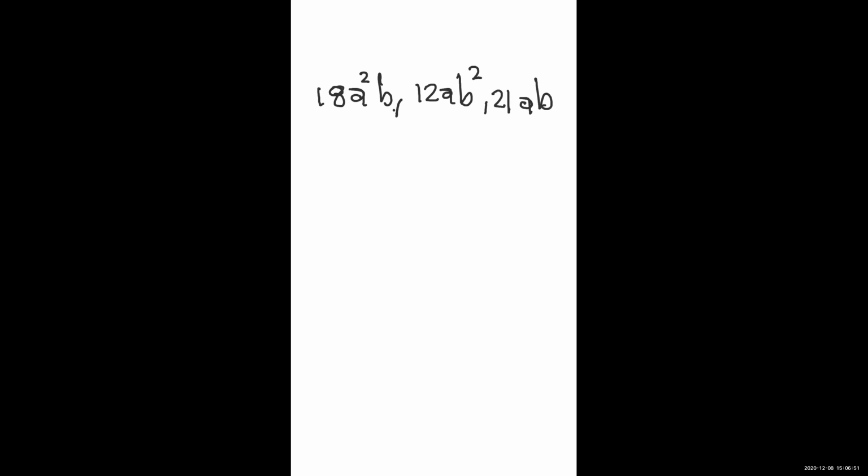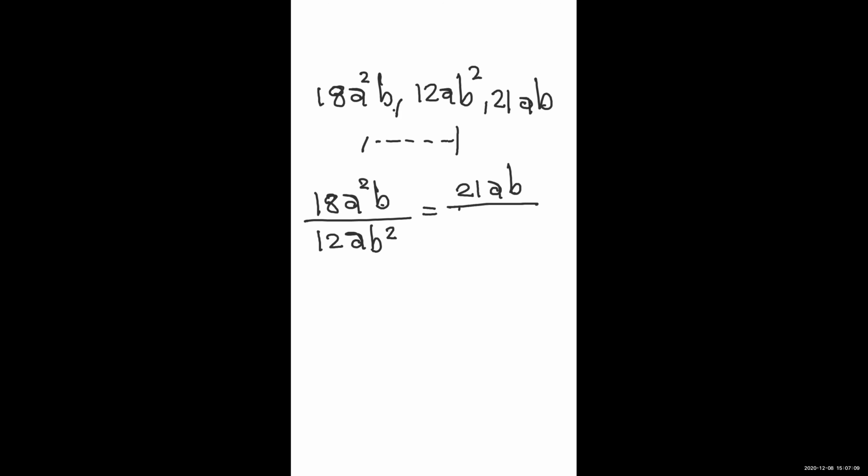I want to get the fourth. So the first over the second, which is 18a squared b over 12ab squared, equals 21ab over the fourth one, which I will assume is x.